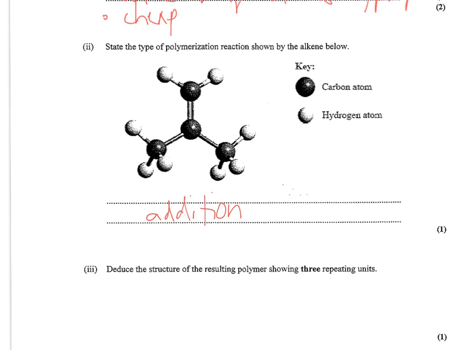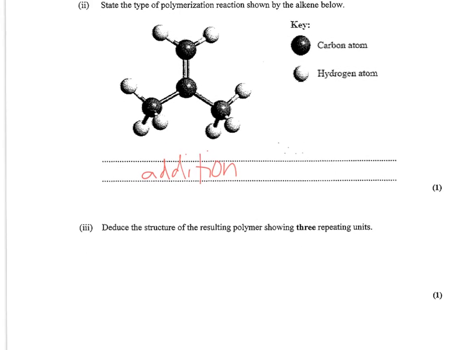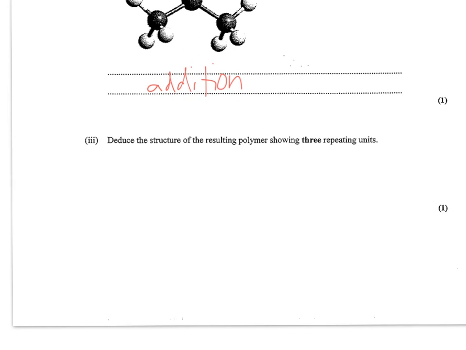And this one you did better on than the propane one. A lot of you realize that this would be a C with a CH3 and a CH3, and then a C group here with its hydrogens.